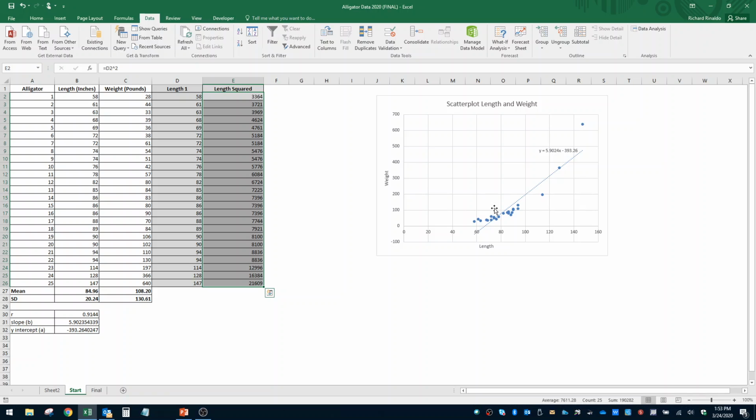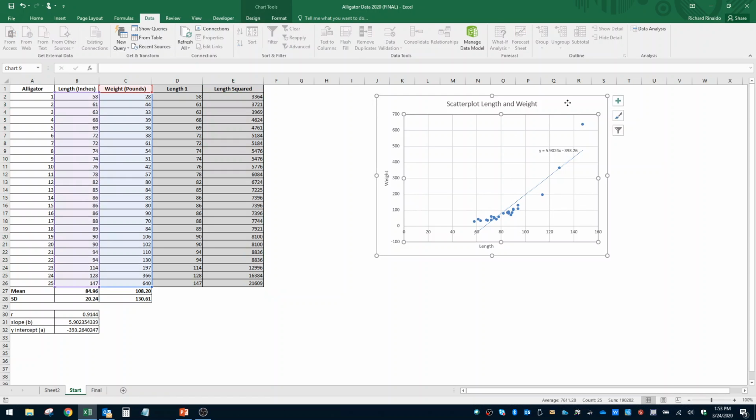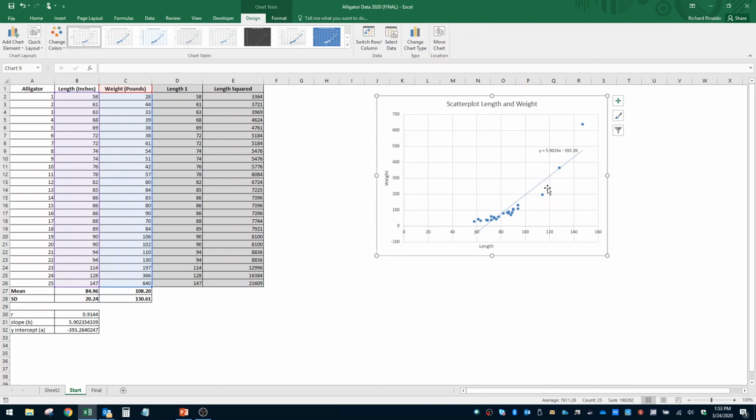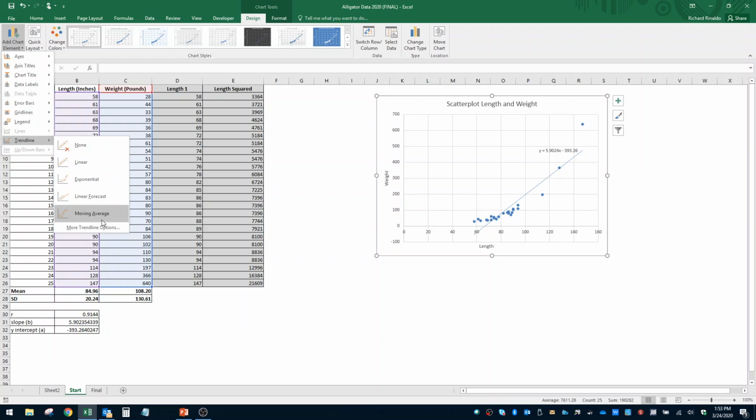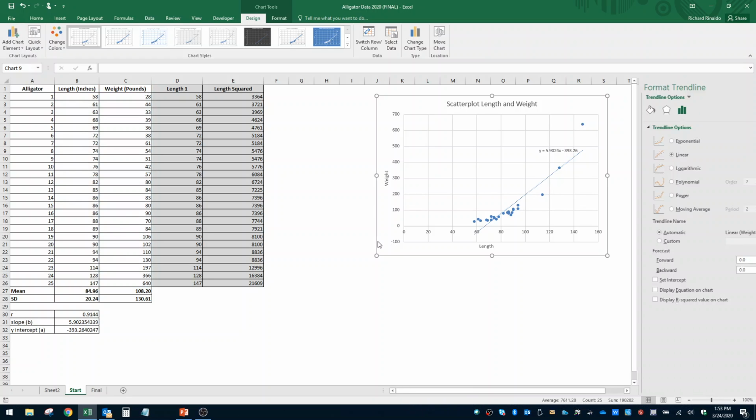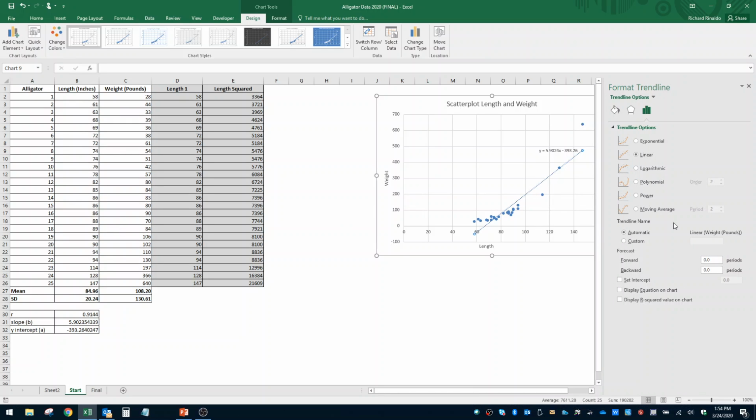Now I can go back to my plot here, and I can confirm that with the trend analysis, the trend elements with the trend lines. So I can go to more trend options, and what I want is linear.